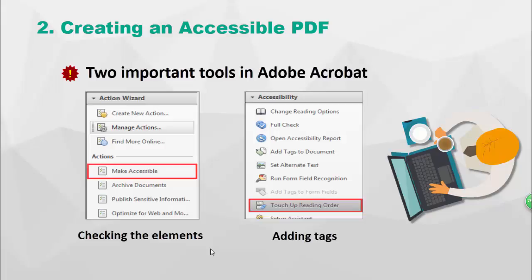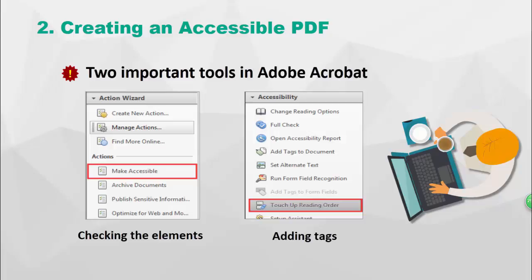For example, whether the document has the title and whether all the images have alt text. And the second function is touch-up reading order. It's used to add tags, which means to set up the levels of the headings for the document.